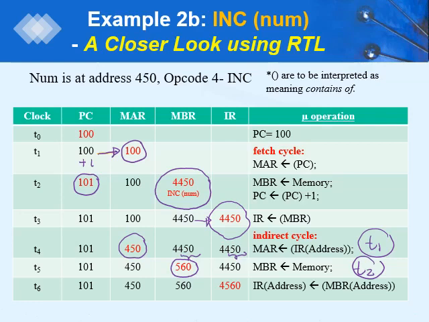And finally, at T3, we will update the content of MBR, which is the address, inside our instruction register IR. So now our instruction register has 4560. That concludes the whole thing. After this, we will go to the execute cycle.